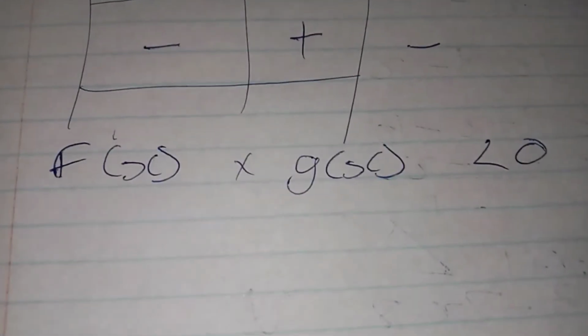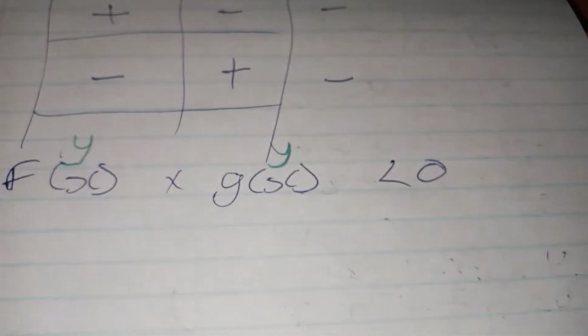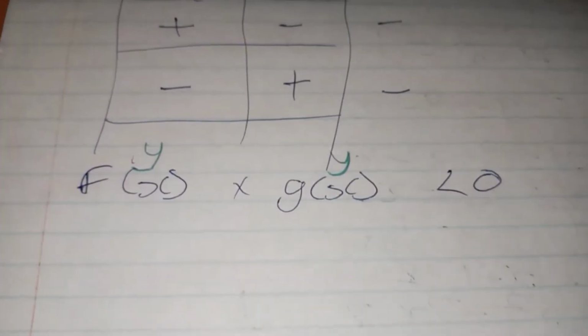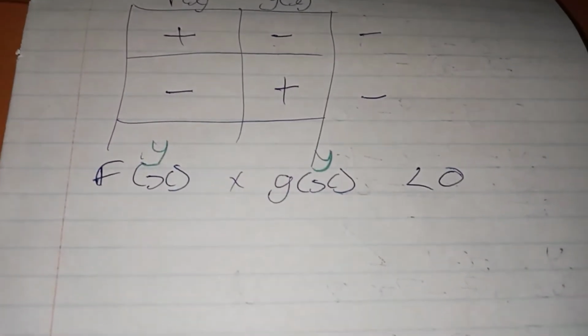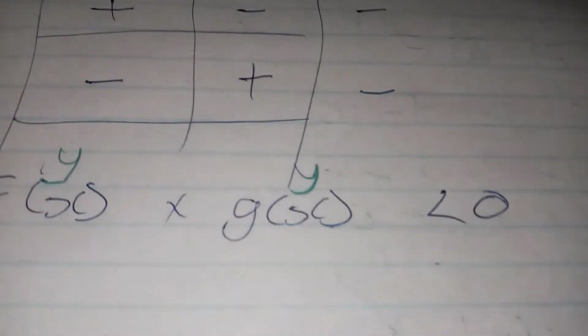Okay. So f of x multiplied by g of x must be negative. So one thing that you must know is that when I say f of x, or when we are told about f of x, these represent the y values. And I said it in my previous video, where I was doing question 4, that a function, or a graph of a function, is made up of y values.